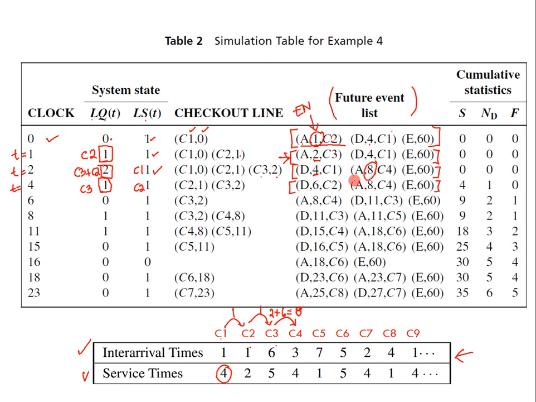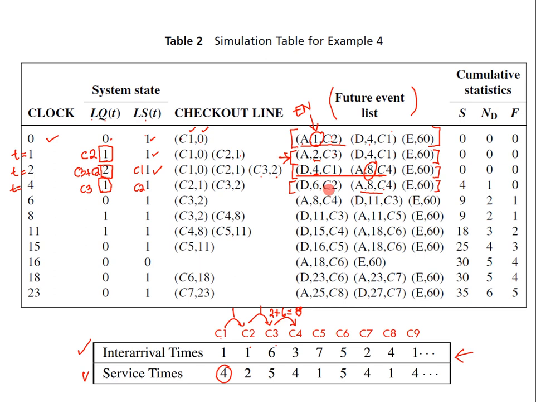So we keep the event notice of arrival for customer 4, the same as above, because customer 4 has not arrived yet. But for departure we are going to have a new departure, because customer 1 has departed. So who will depart next? Of course, customer 2.